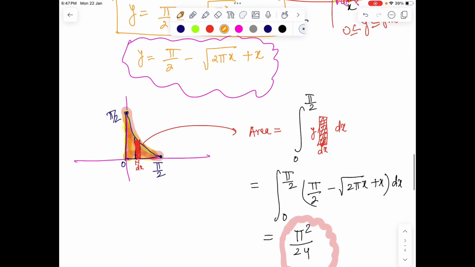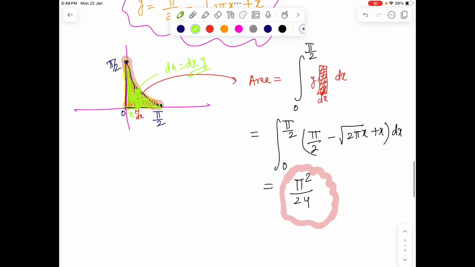Now what is area? Again we'll go by the Greek method. You take a position x, take a snapshot of the small rectangular slice there. So the area of this small slice dA is going to be nothing but the function value into dx, so y dx. And now we need to sweep this elastic membrane across this entire region from 0 to pi by 2.